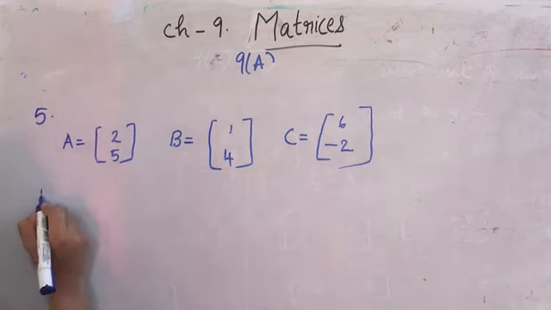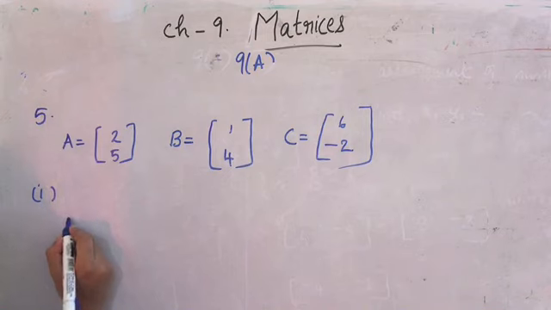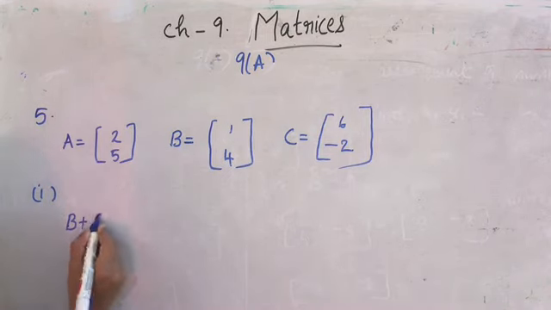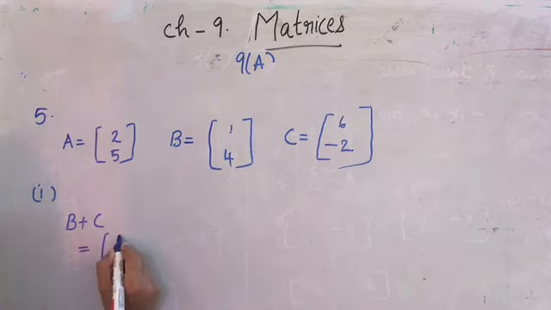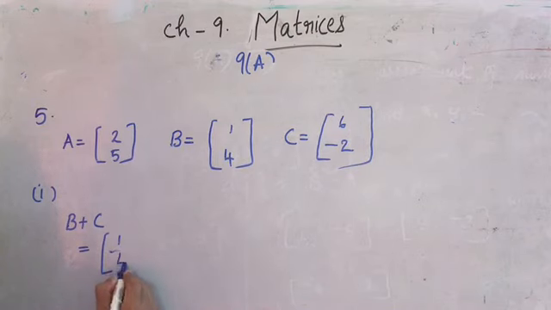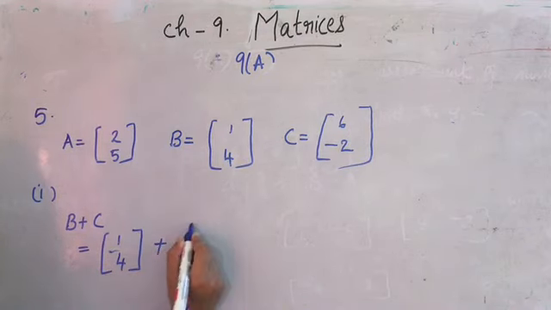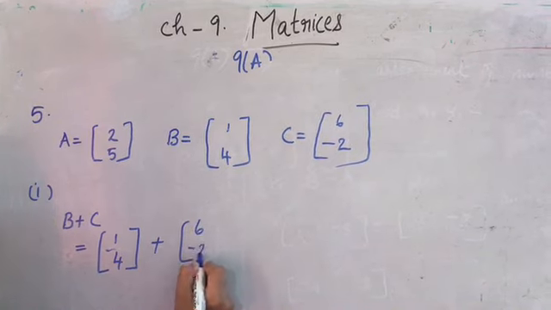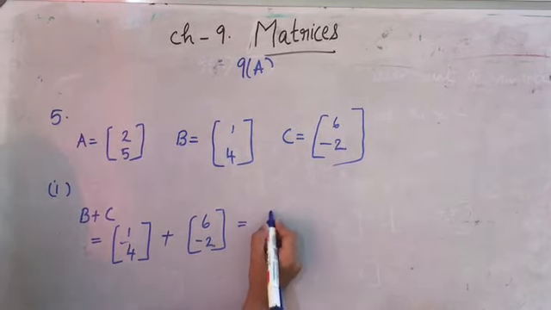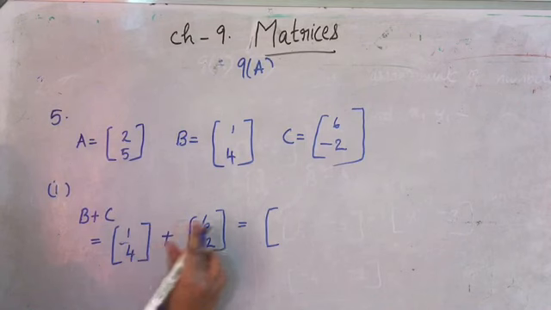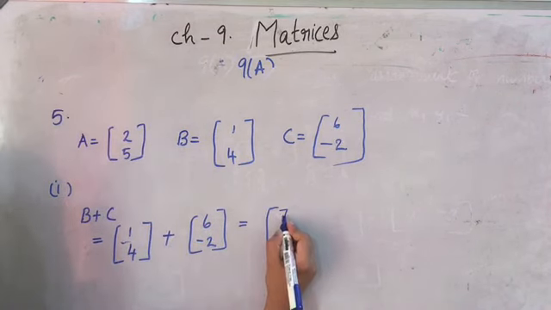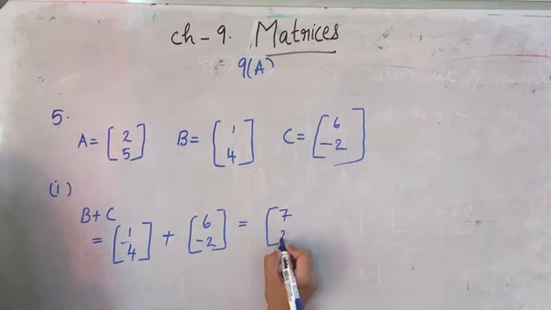So let us do the sub questions one by one. The first question is B plus C, that is equal to [1, 4] plus [6, -2]. 1 plus 6 gives you 7. 4 minus 2 gives you 2.